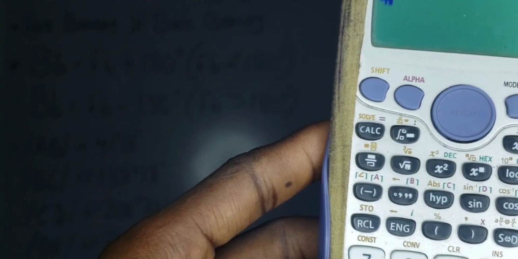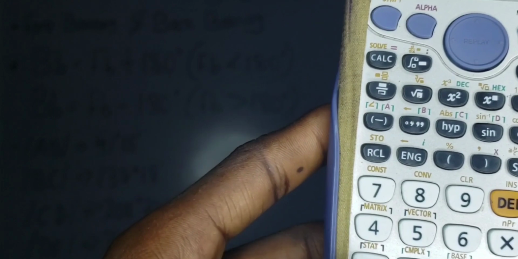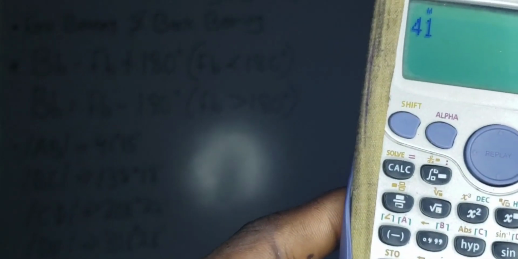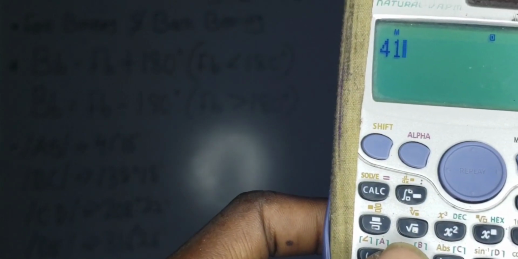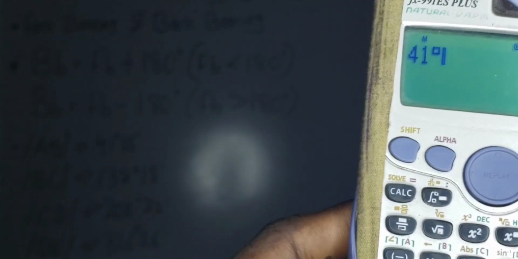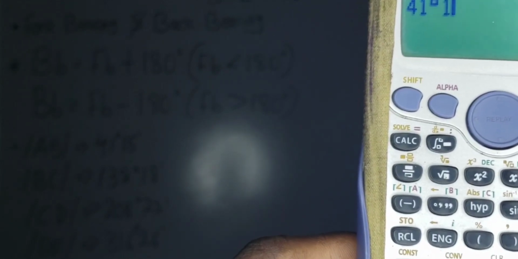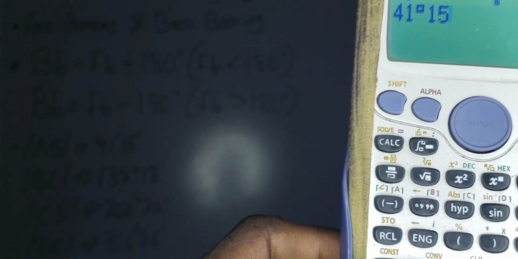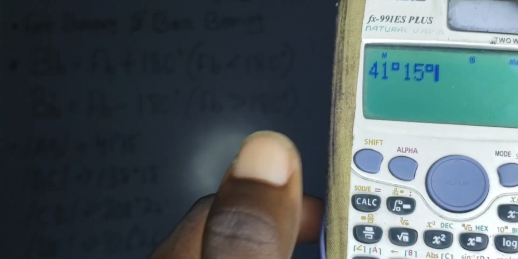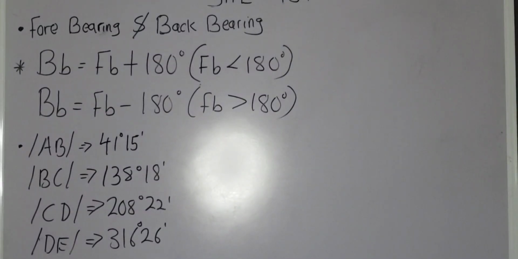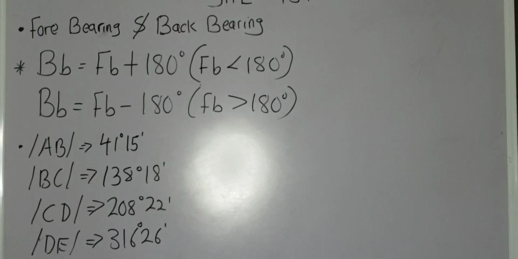You can see 41. Now look at this sign on your calculator. This is the sign. You have seen degree, 41 degrees. Then you proceed to press 15. You can see 15. Then you press that sign again. On this calculator you have seen 41 degrees, 15 minutes. So that is how to punch that on your calculator, because it's very, very important that you know that. Now let's proceed.